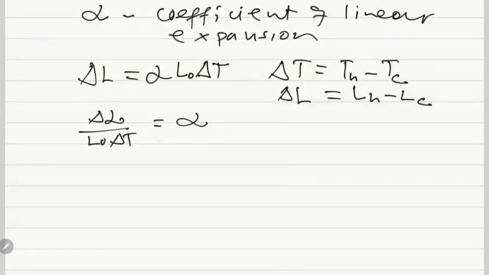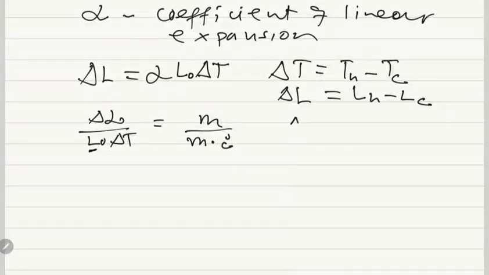So the unit for this coefficient is going to be the ratio of the dimension for the change in length to the dimension of these two things. The change in length in the SI unit system is in meters. The length at the lower temperature is also in meters, and the change in temperature is measured in either Kelvin or degree Celsius.